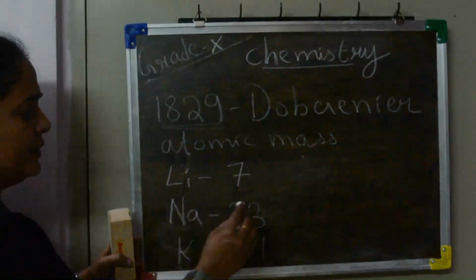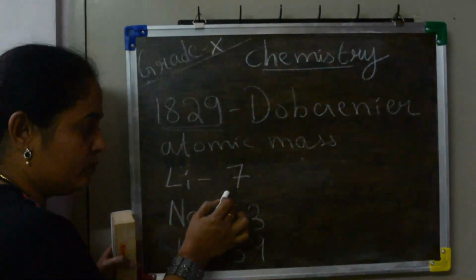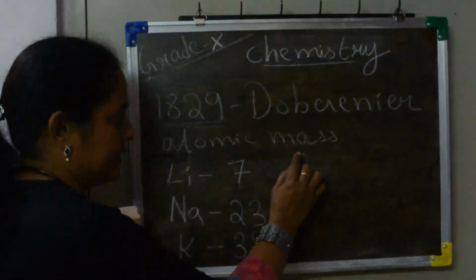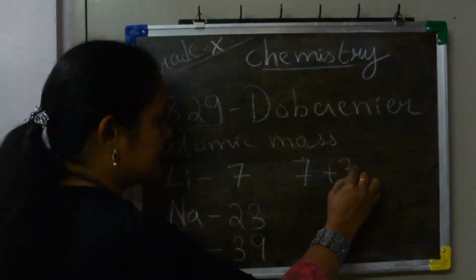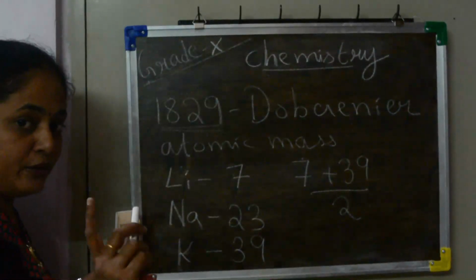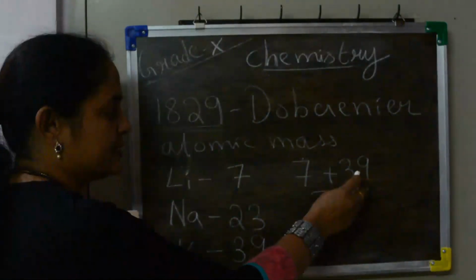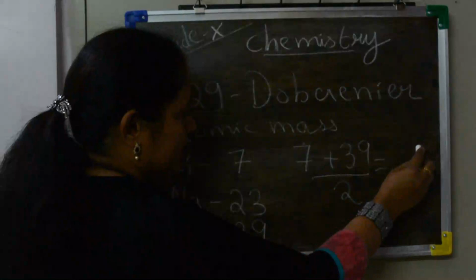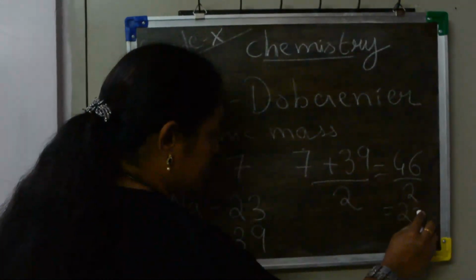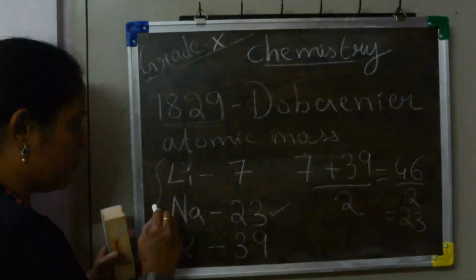We have to take the average of the atomic masses of the first and third elements. That means 7 plus 39 by 2, which is 46 by 2, and that is 23. So this forms one triad.